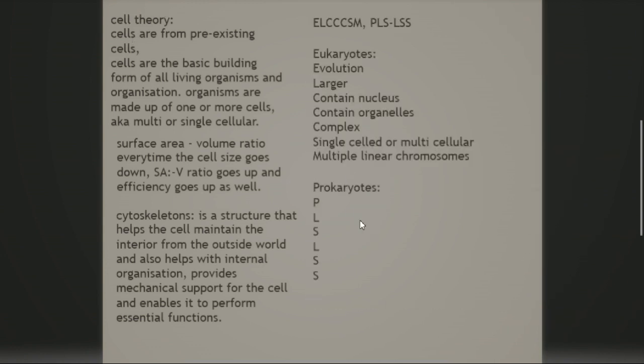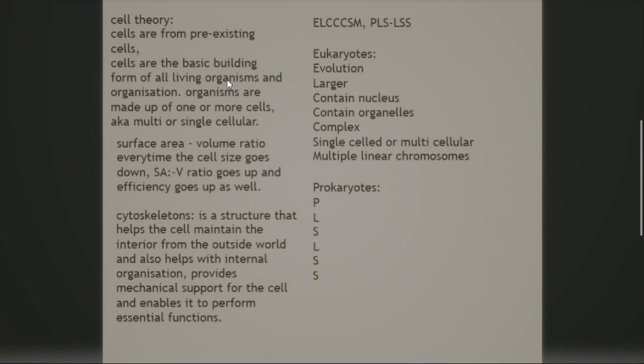So starting with cell theory, there are three main principles. One of the first ones being cells come from pre-existing cells. Don't mind this, I believe I've made a grammatical error. Cells come from pre-existing cells.